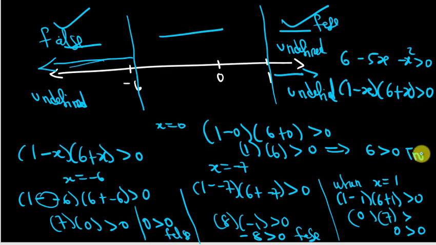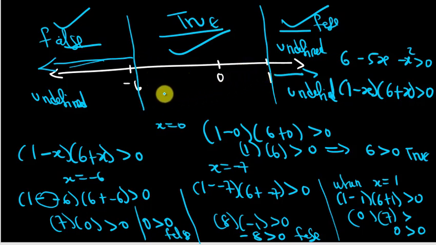This statement is true. That's why we are saying that values within here satisfy the quadratic inequality. They are all true values. They are all defined values. So values within -6 and +1 satisfy the quadratic inequality.